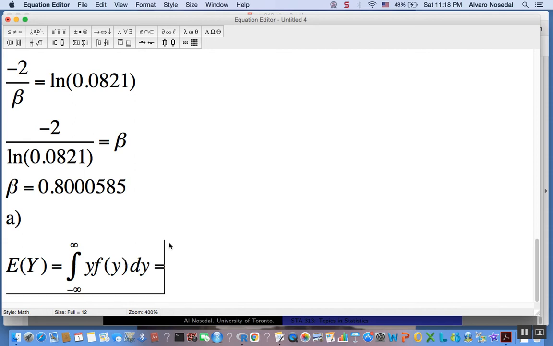As we know, the only part that matters for that calculation is the region where the PDF is non-zero, the support.